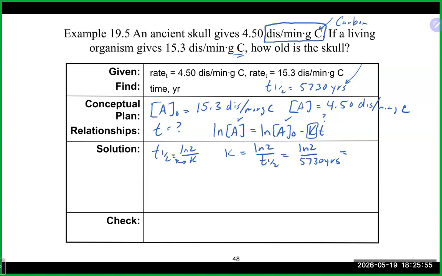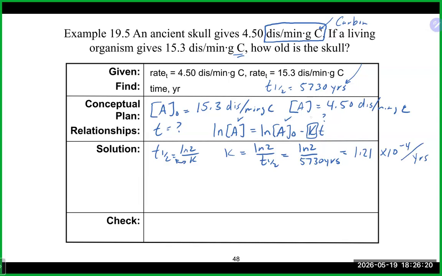So natural log of 2 divided by 5730 gets us a decay constant of 1.21 times 10 to the negative 4. The units here are reciprocal years, 1/years.